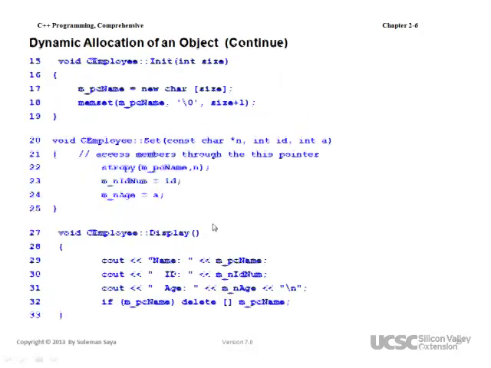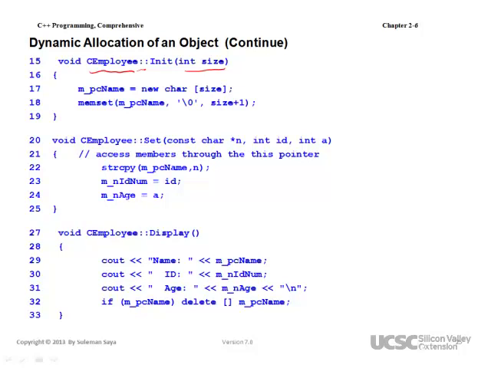So let's look at the code for each member function. In the init member function, as you can see, init is in the scope of CEmployee with the scope resolution operator, and it is taking one parameter. As we discussed at the start of chapter 2 about the this pointer, in this parameter list for the init function, there is a this pointer.